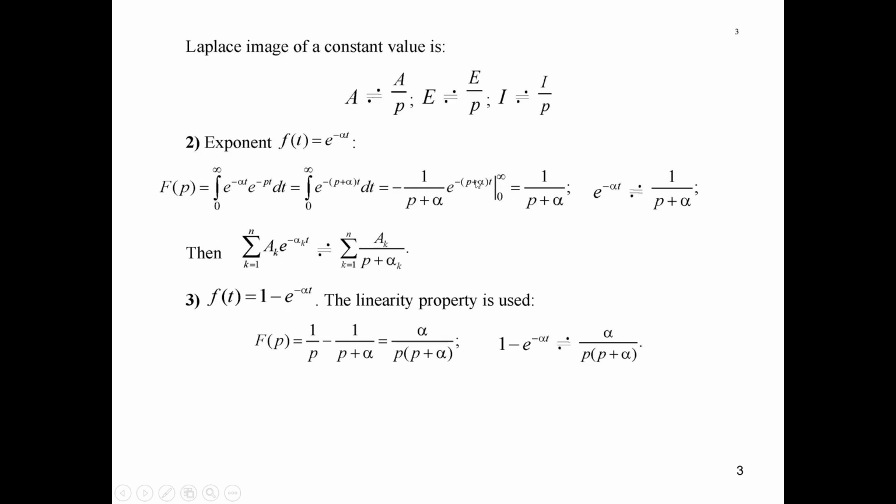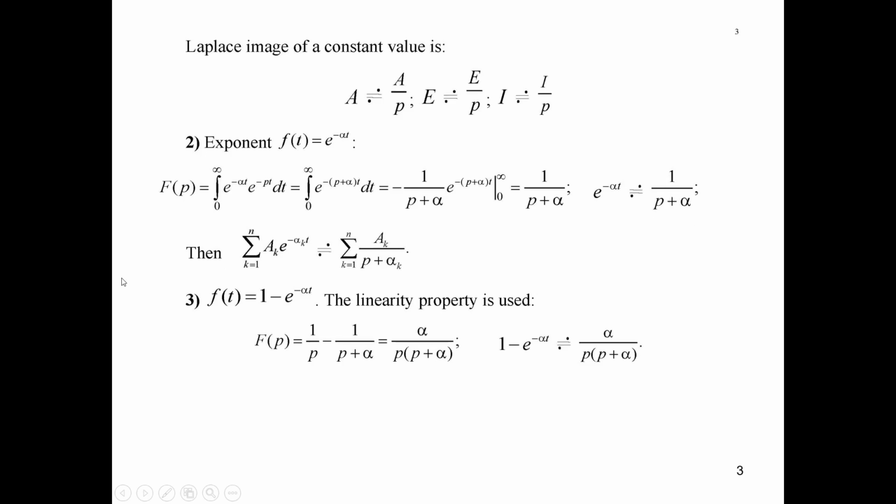You see, at the higher limit this exponential function will tend to 0, and at the lower limit it will be minus before this function, so minus and minus will be plus, and we will have the coefficient 1 over p plus alpha, and e to the 0 degree will be equal to 1.